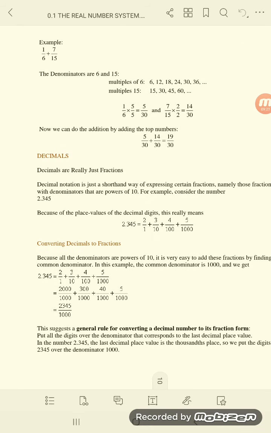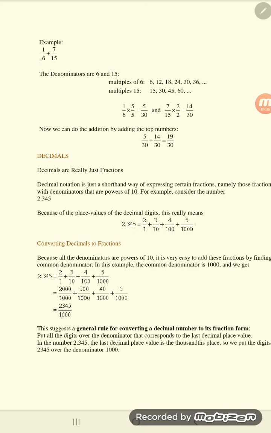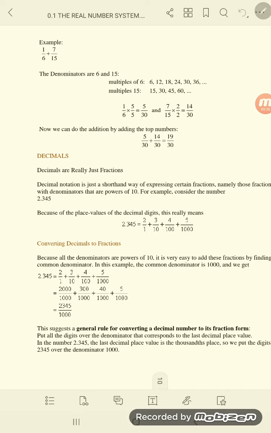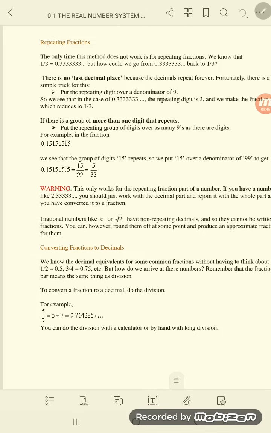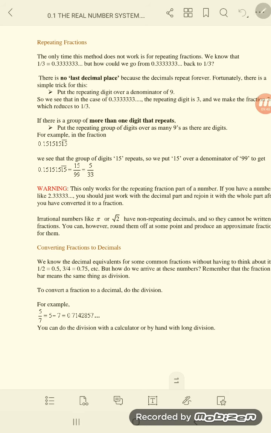If we deal with multiplication, no need to make sure the bottom ones are equal. Compared with addition, where you must make sure you have a common denominator, for multiplication you just multiply the upper part with the upper part, and the bottom one with the bottom one. Shouldn't be a problem. Converting, you can just use your calculator.